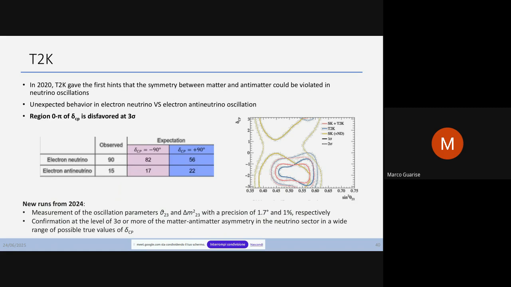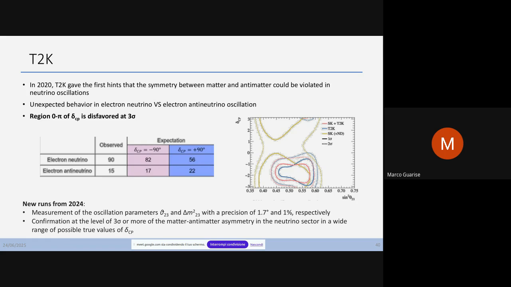Basically they observed 90 electron neutrinos and 50 electron antineutrinos, and these are the expectations in the case of delta CP minus 90 or plus 90. With a more sophisticated analysis than this, they disfavored at 3 sigma the values of delta CP in the range 0 to pi.